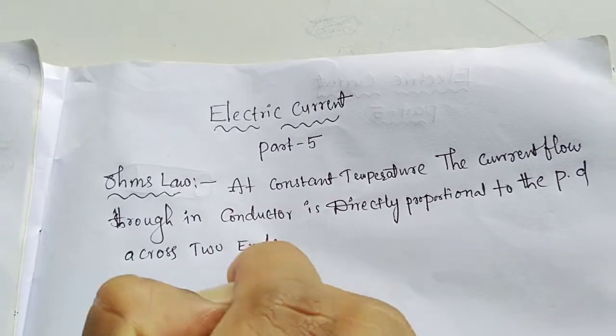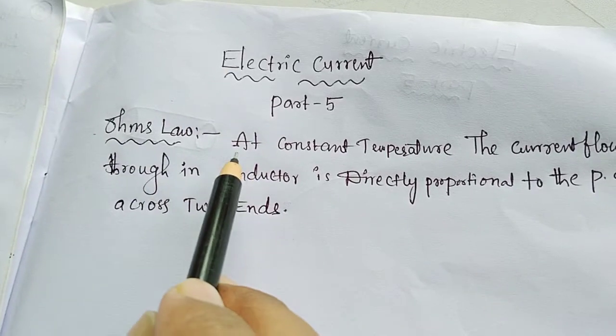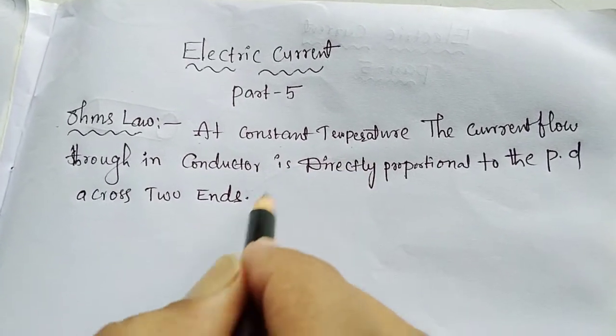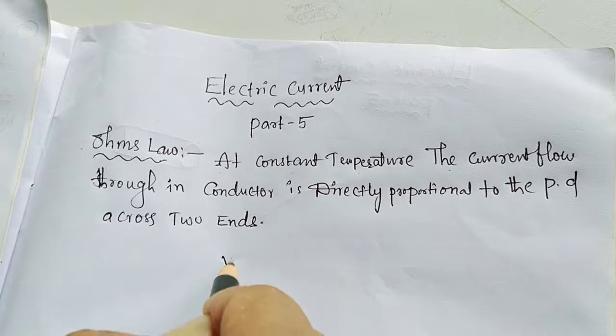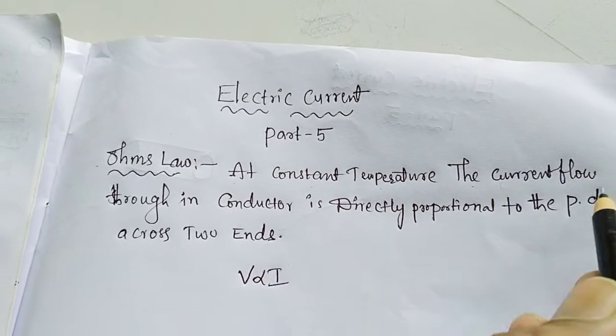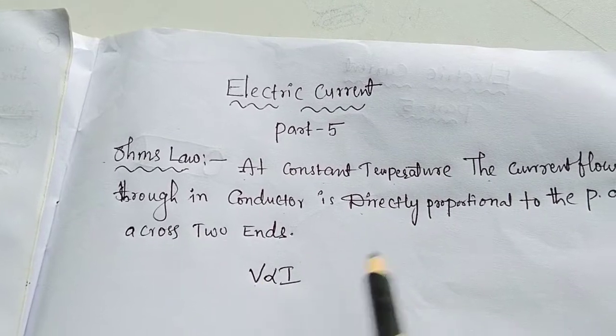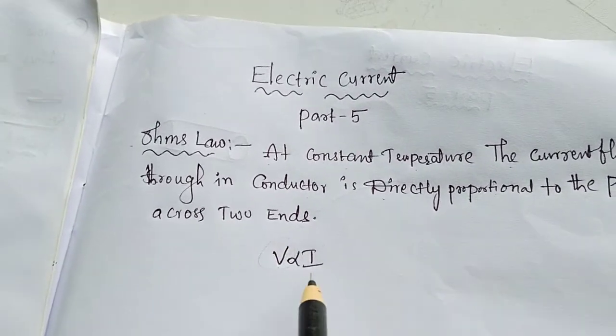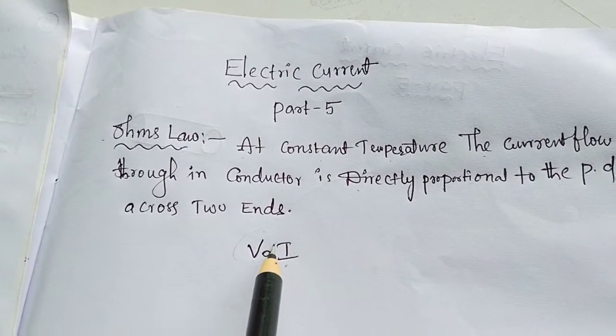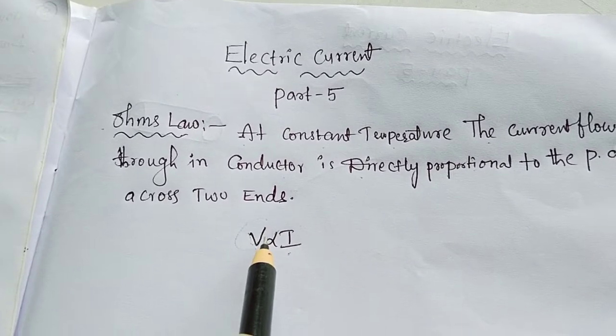This is called Ohm's law. So at constant temperature, the current flowing through any conductor is directly proportional to the potential difference.